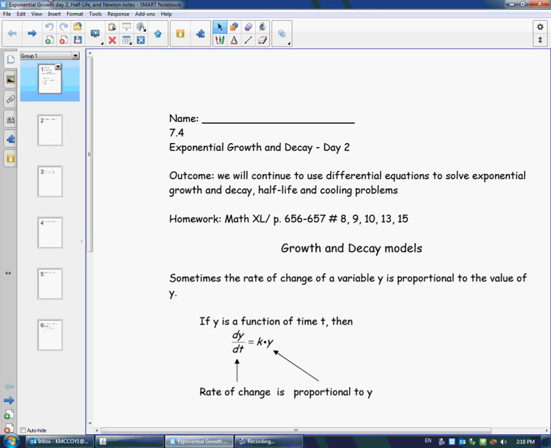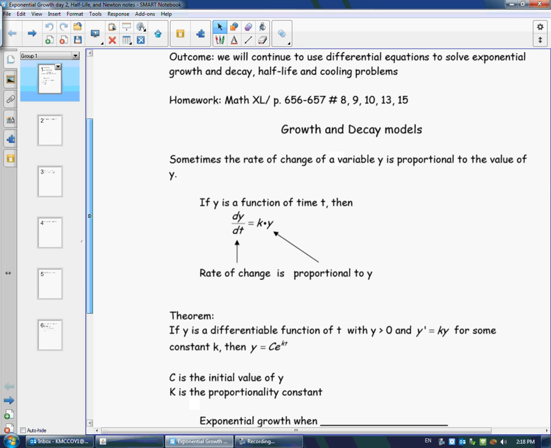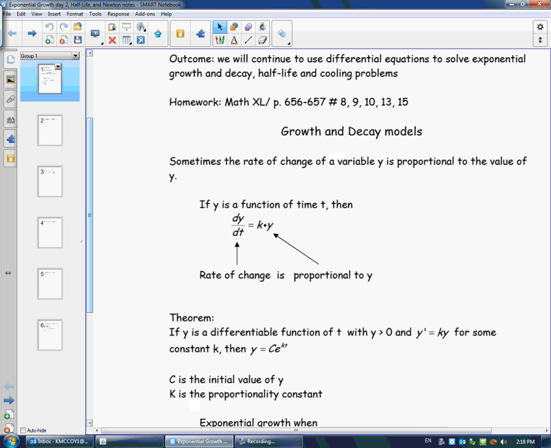If you guys remember from last time, the exponential growth and decay models were given by this differential equation, which we see right here, that dy over dt equals k times y, where y could have been bacteria or population or something like that.